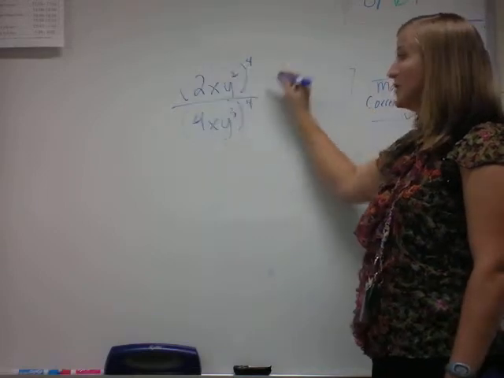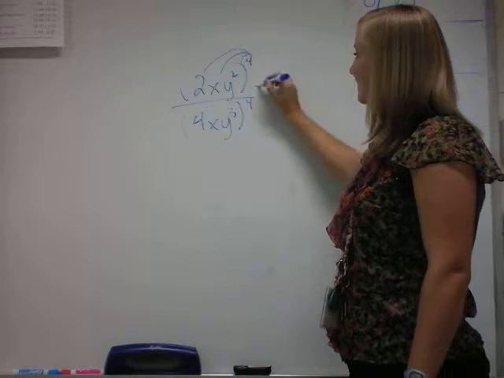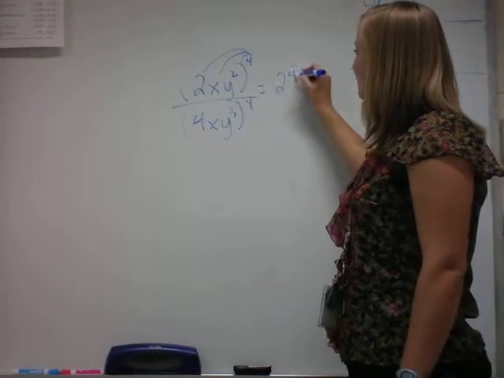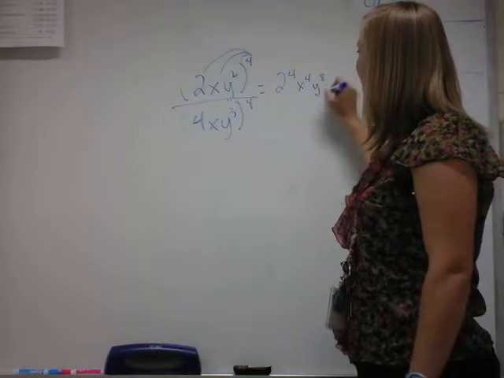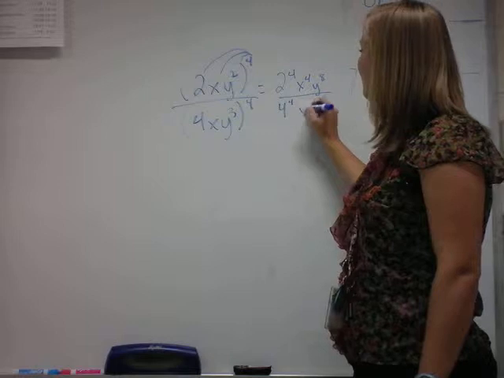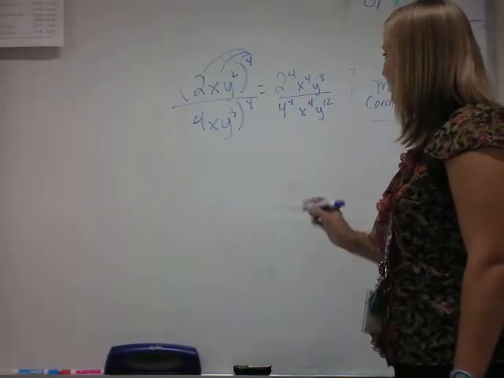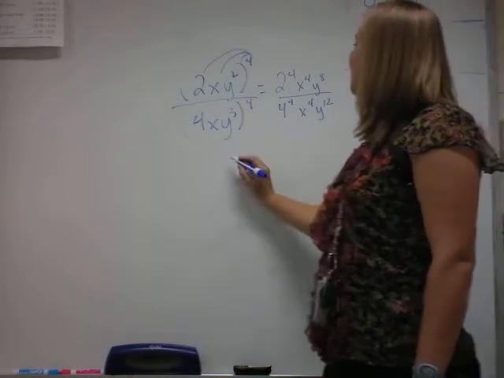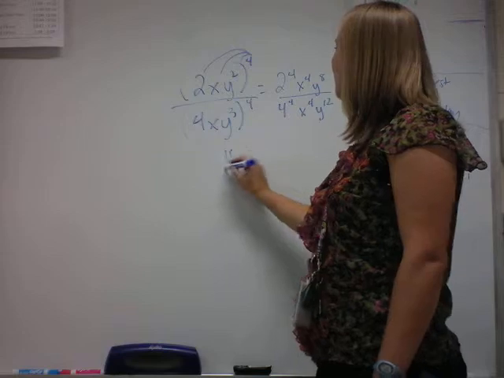When we raise something to a power, this goes and multiplies to everything that's there. So that's 2 to the 4th, x to the 4th, y to the 8th. This is 4 to the 4th, x to the 4th, y to the 12th. Okay? 2 to the 4th ends up being, let's see, 16.